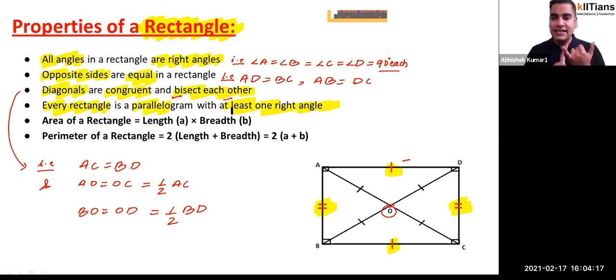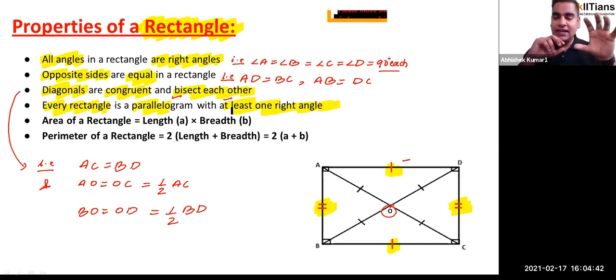Because let's say angle A is 90-degree, then we know opposite angles in a parallelogram are the same. So if A is 90-degree, C will be 90-degree automatically. Understood? So A and C became 90-degree. Now we also know that the sum of co-interior angles, or the sum of adjacent angles, in a parallelogram is always 180-degree.